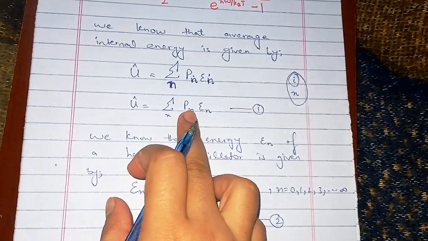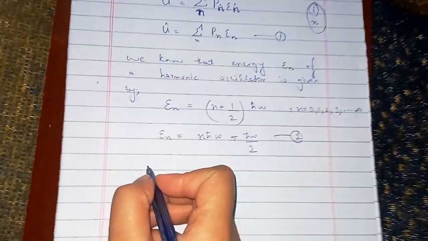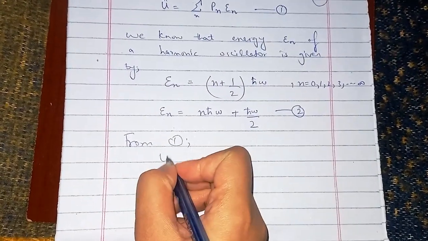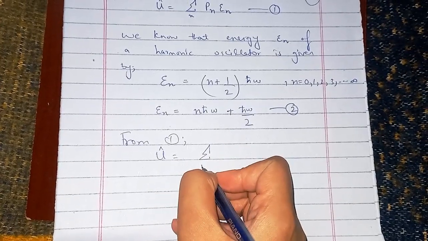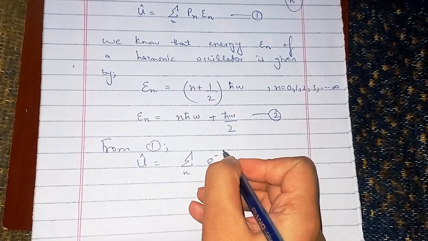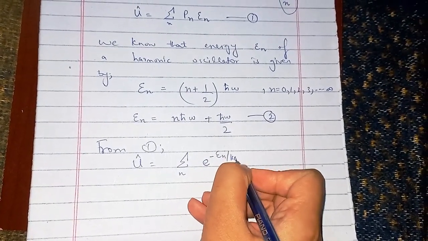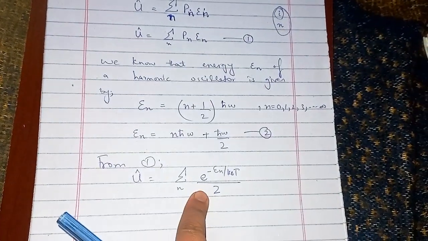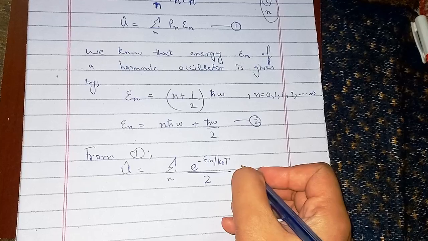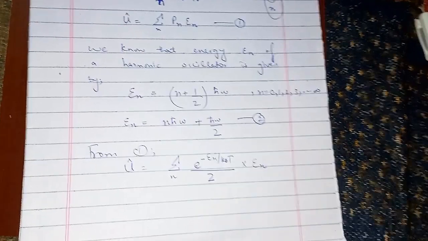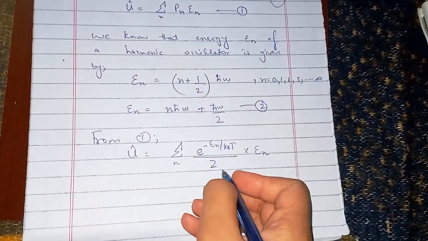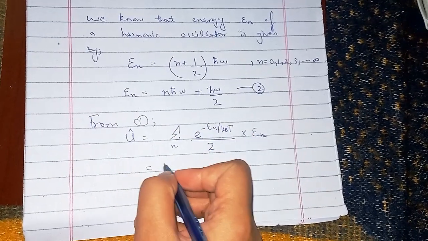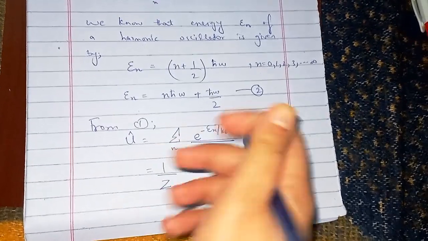Now let's put the value of P_n here from equation 1. We know that probability is equal to e to the power minus E_n by kBT divided by z. This is the formula for probability, and we just inserted it here. Then we multiply by E_n. We can take z outside of the summation sign, the reason being that z doesn't contain n.